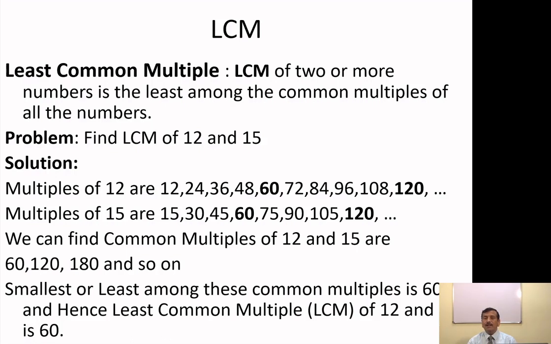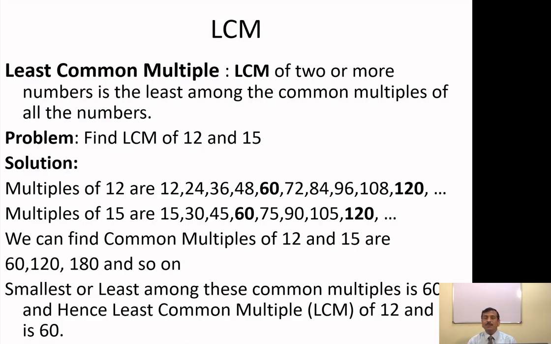Multiples of 15 are 15, 15 into 1 is 15, 15 into 2 is 30, 15 into 3 is 45 and so on. Beyond 120 also they will continue. So we can find what are the common multiples. Initially we found multiples. Now we will find what are the common multiples among them.